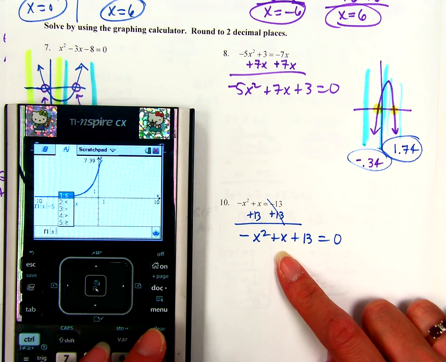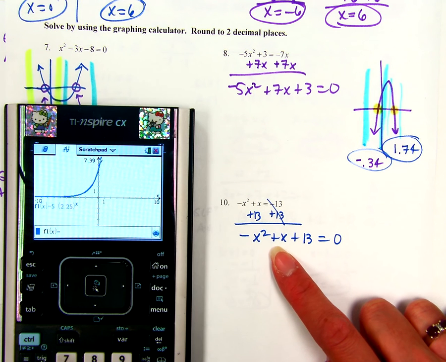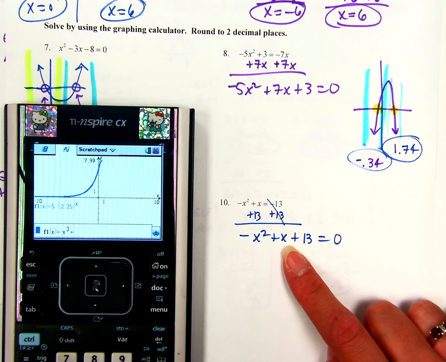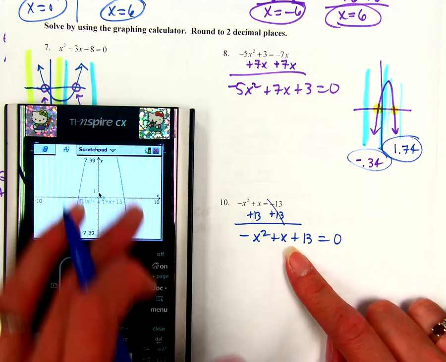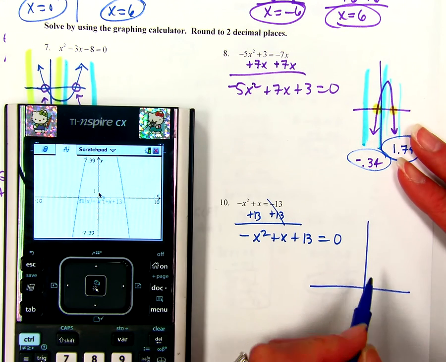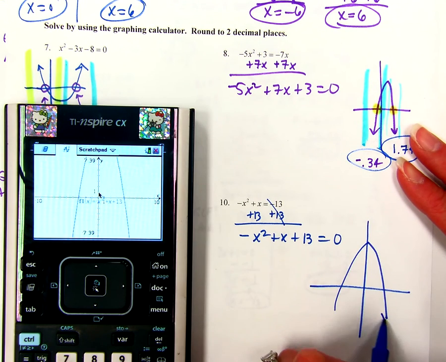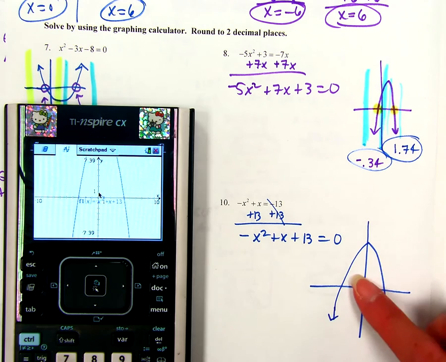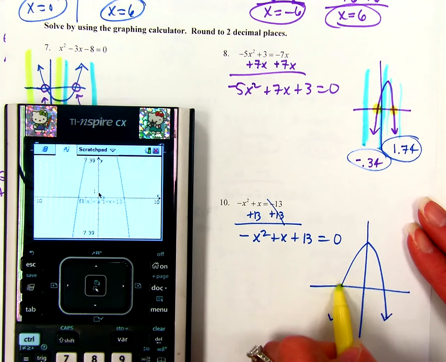Negative x squared plus x plus 13. Alright, so I've got my equation here, and if I draw a sketch, I've got a parabola that opens down, and I know I need to find these points.